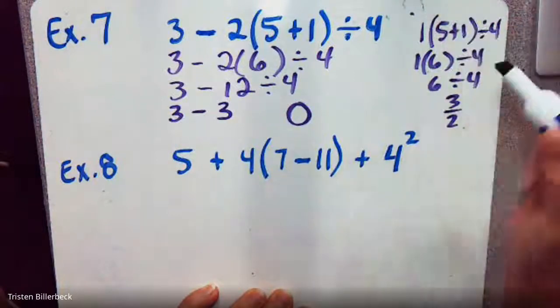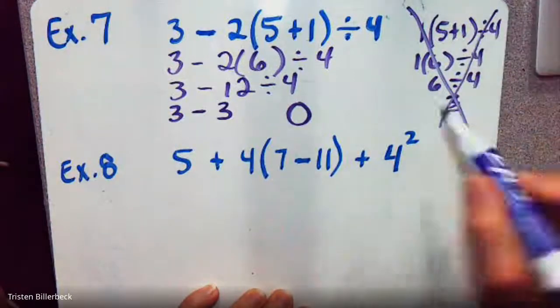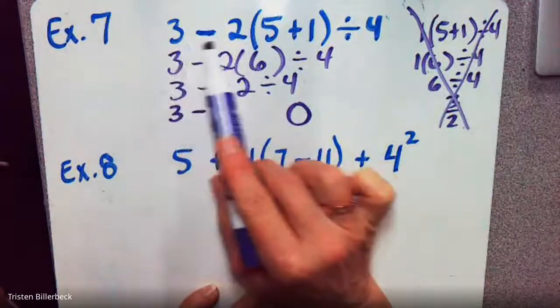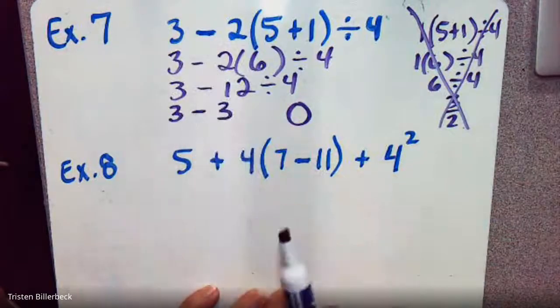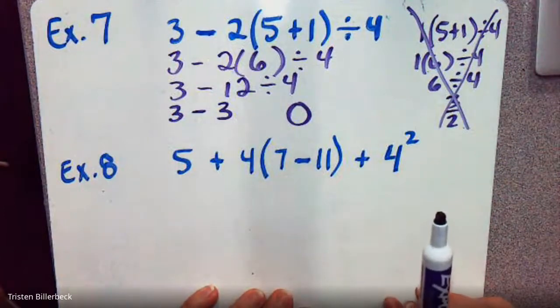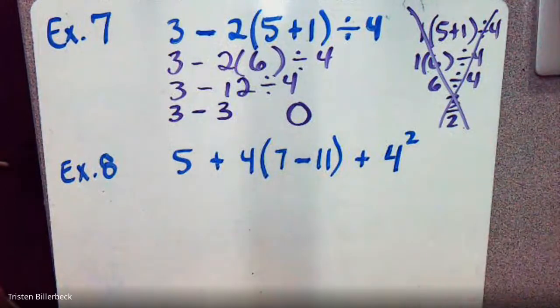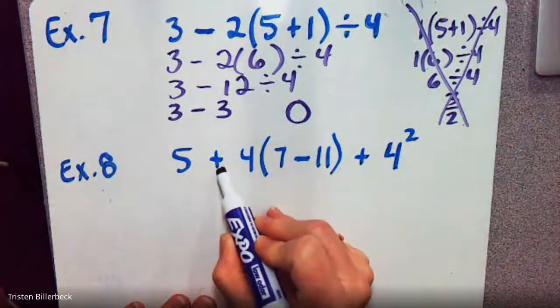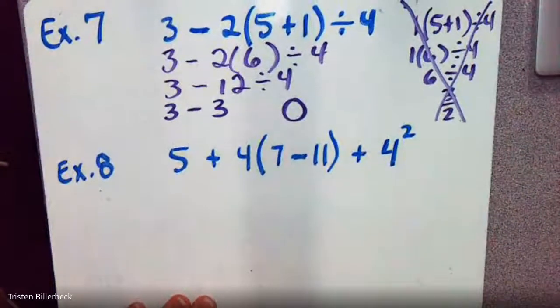So that would have been the wrong thing to do. Okay, so that's the number one mistake right here, to do the subtraction because it happens first. But we have our operations. We have things that are done before subtraction. So we have to remember, even if subtraction comes first, we don't do it first. Just like if we have addition here, we don't do that first.